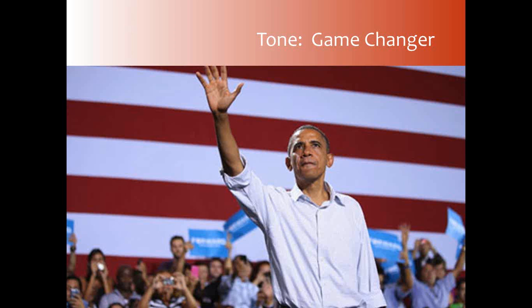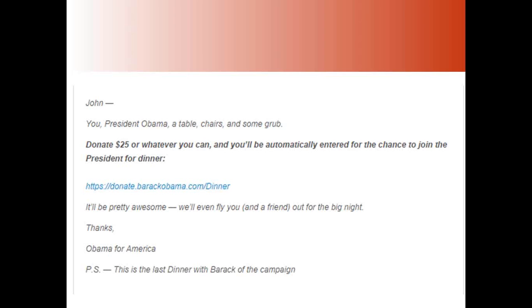So I'm going to take you through a couple email examples from the Obama campaign, and then we can talk about what might jump out at you. Starting with this first one, some of you might remember there was a campaign asking for $25 and you get a chance to join the president for dinner.